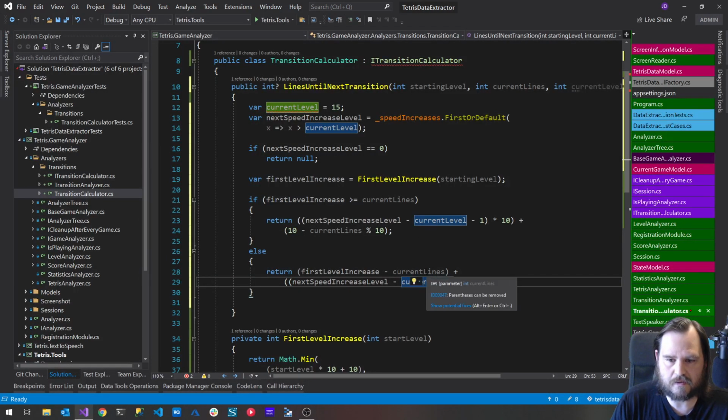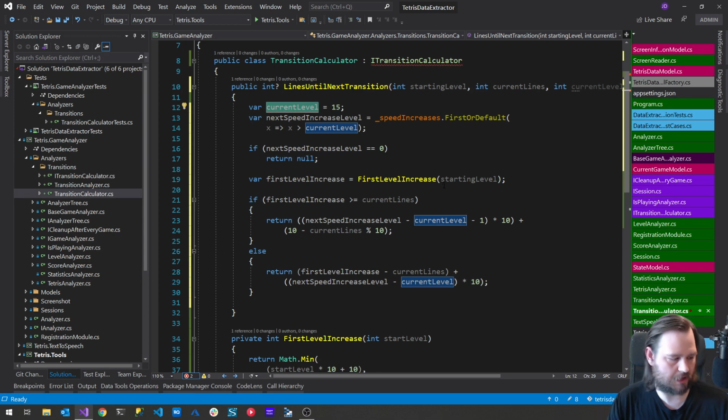Did we use current level anywhere? Yeah, we did. We could calculate it, or we could just send it in.